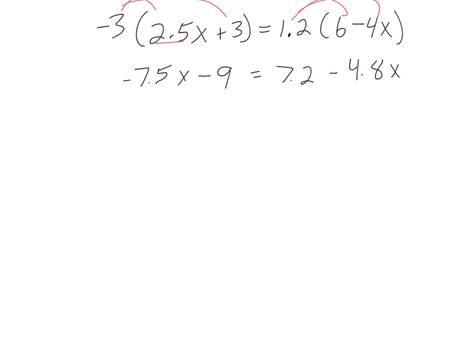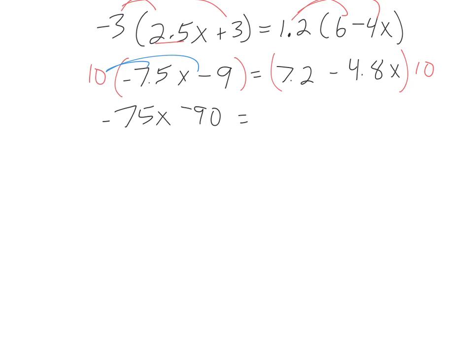Okay, here is where I'm going to multiply out by a power of 10. So you're going to multiply everything by 10. So that's going to be negative 75x minus 90 equals, multiplied by 10, 72 minus 48x.